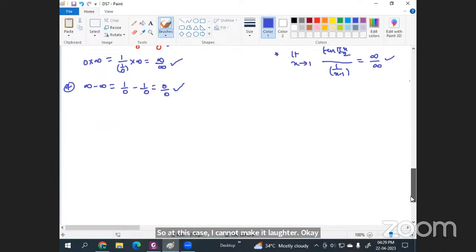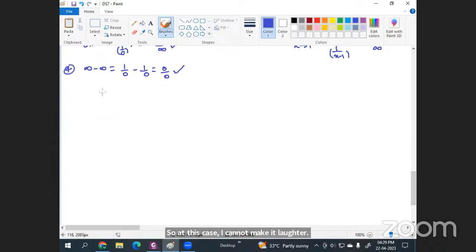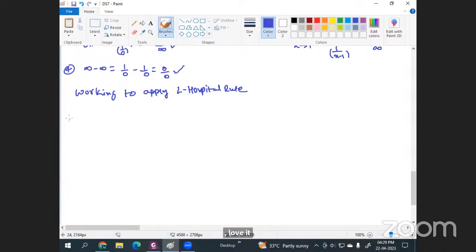Okay, next. Now, what is the working rule to apply L'Hopital rule? The first point: limit x tends to a, f of x by g of x.